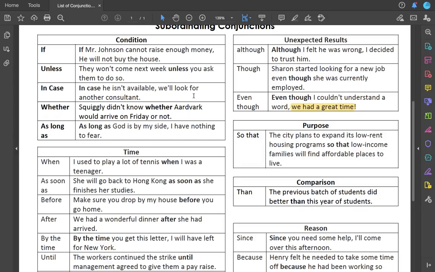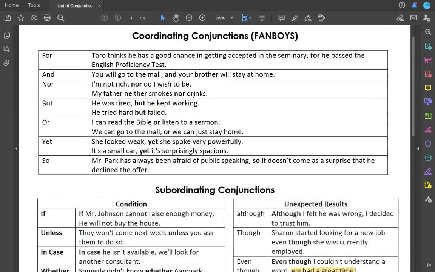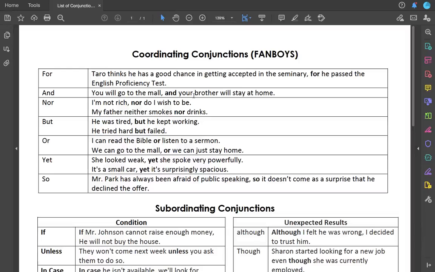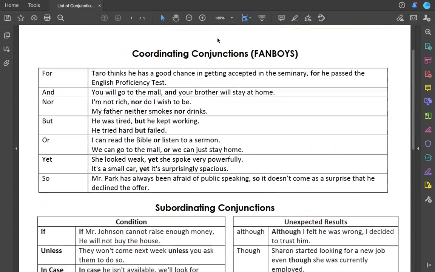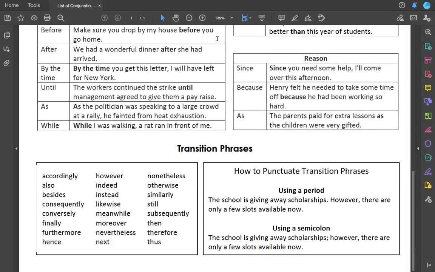Because it's necessary, as I said, for you to be able to distinguish between the three. Once you become familiar with them, you'll say, okay, this is a subordinating conjunction, so I should use it this way. I should use a comma. I should not use a comma, right? Oh, this is a transition phrase. By the way, this list is not complete.